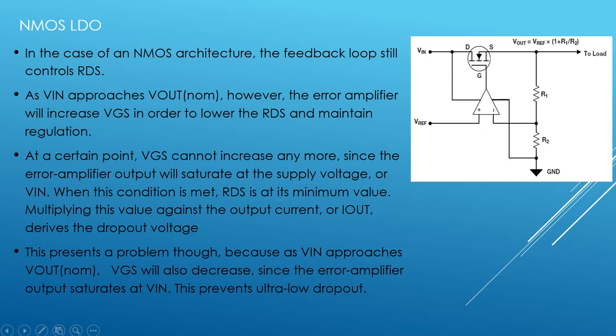This means that within a particular range, as we increase VGS, RDS decreases, but beyond a point it cannot decrease further. That is the minimum dropout we get.